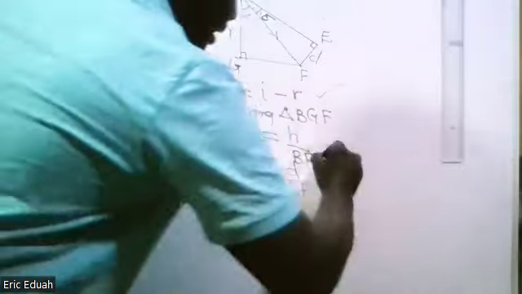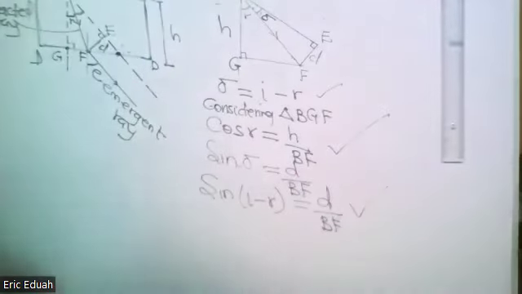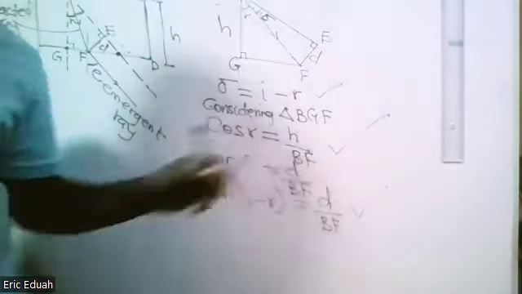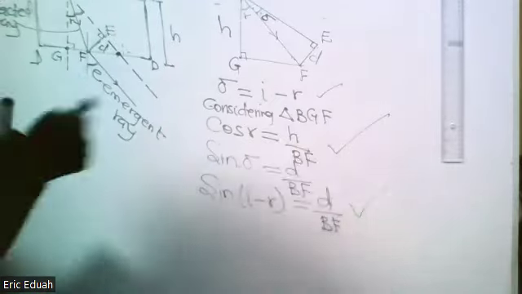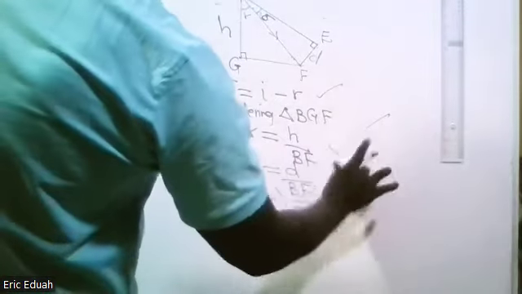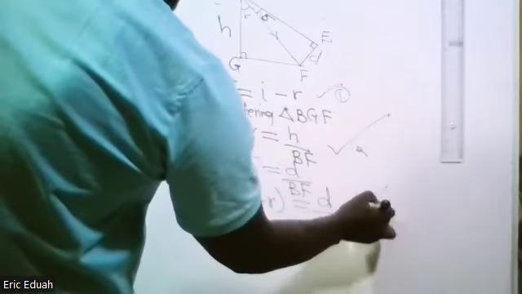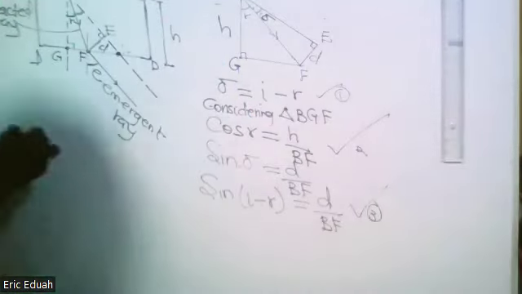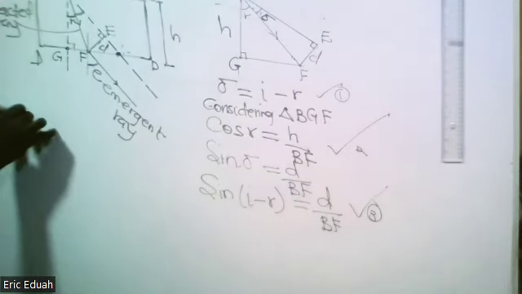From these equations, let's make BF the subject from each one of them. This is 1, 2, this is 3. Help me make BF the subject from equation 2.